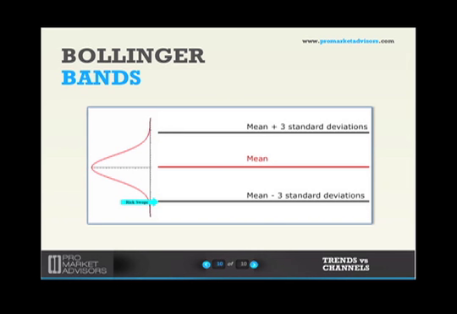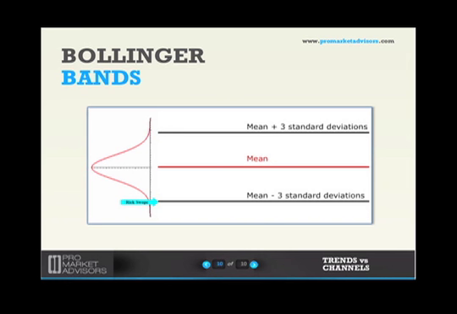Here's why. Because if we draw those lines on there, we would say, as a rule, that we would expect about 95% of the closing prices should fall within those 2 lines. So the vast majority of the closing prices ought to be inside those lines.